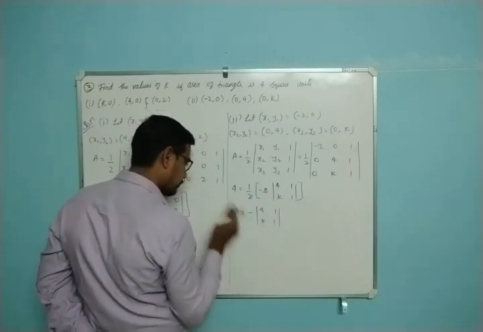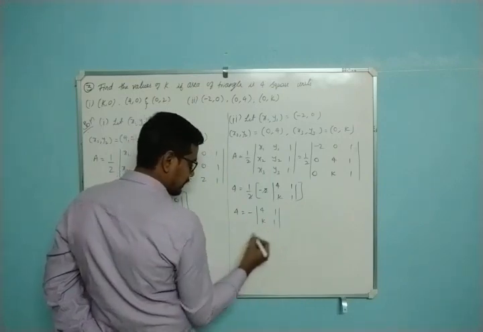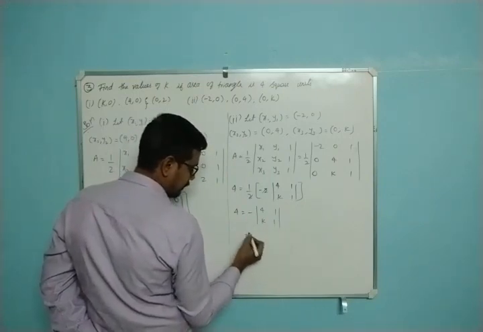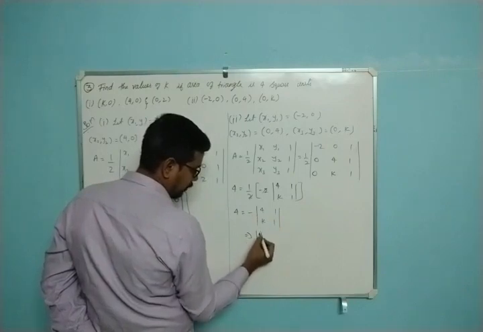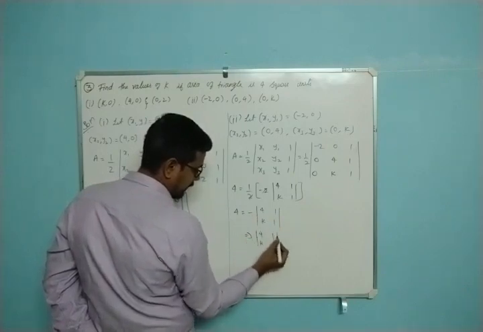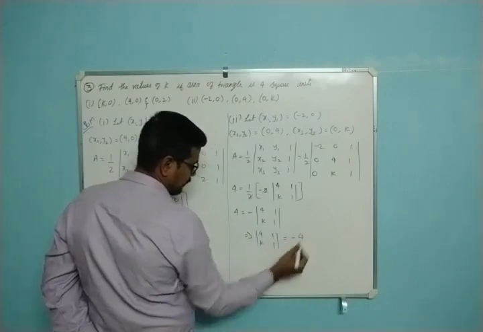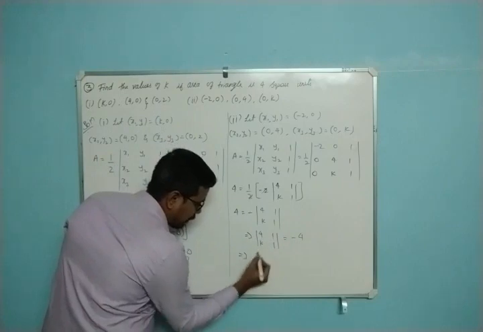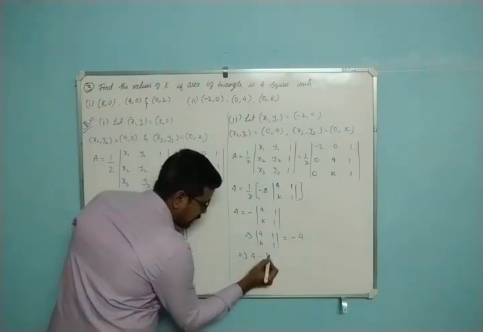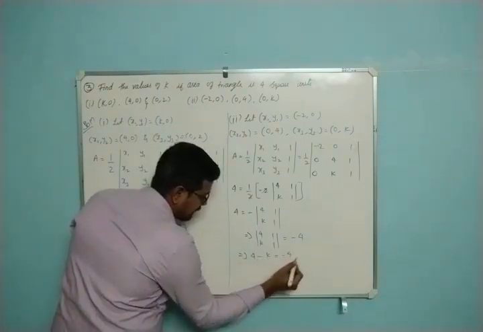This is equal to what? The determinant 4, 1, k, 1 is equal to minus 4. If I open this, 4 into 1 is 4, minus k into 1 is k, is equal to minus 4.